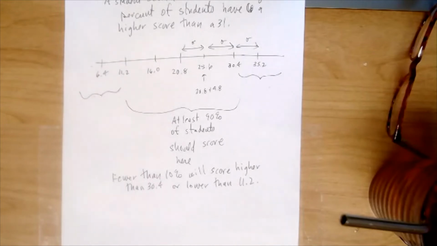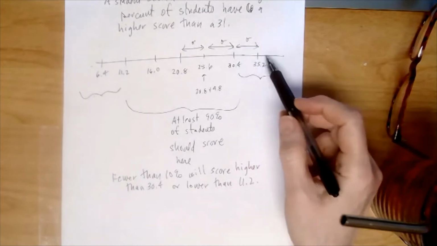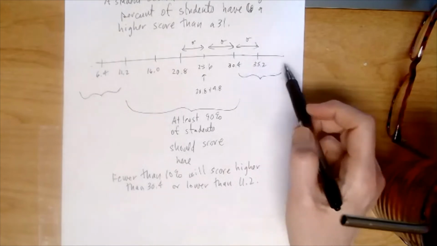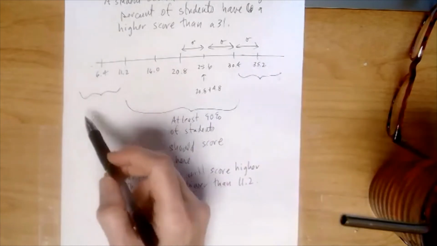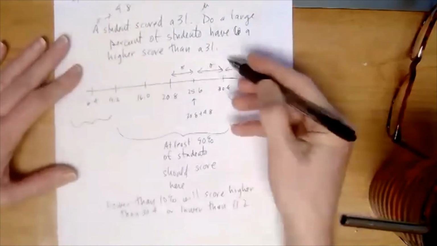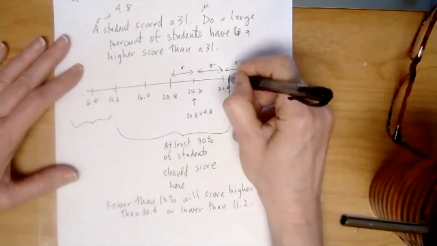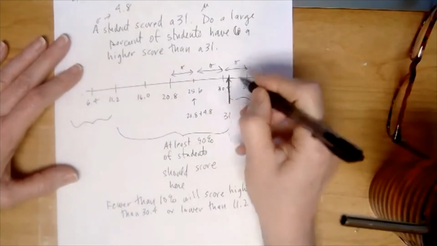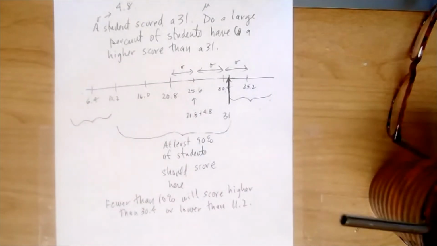Now I can't necessarily say this is half. I don't know if this is a symmetric distribution or not. It could be a right skew distribution, which would have a higher probability over here and a lower one there. So I know that 31 is outside that interval.